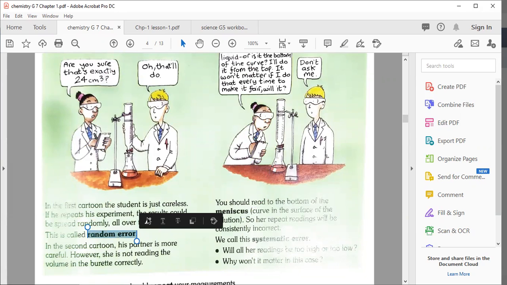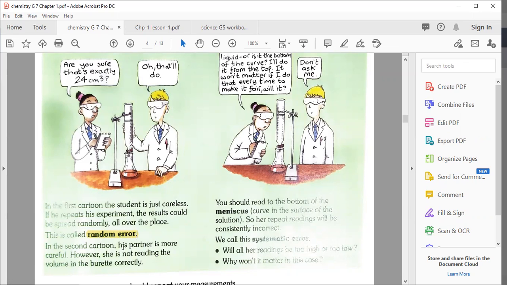When you repeat your experiment, every time it gives you a different reading, even though the practical is the same, the instrument is the same, the condition is the same, but due to this person, because she is careless and does not bother to measure the correct or accurate reading.